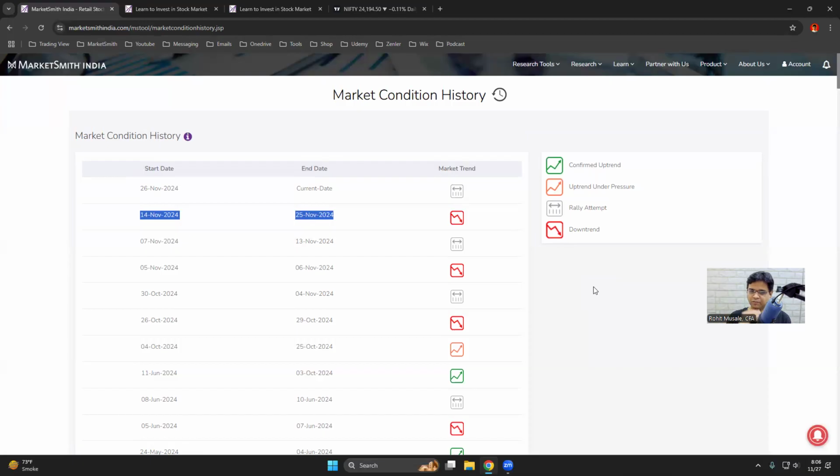Three conditions, very important, very simple, very mathematical, very objective. This is how you identify a market top. This is how you identify a market bottom. So if you understand these two, it will help you a lot.